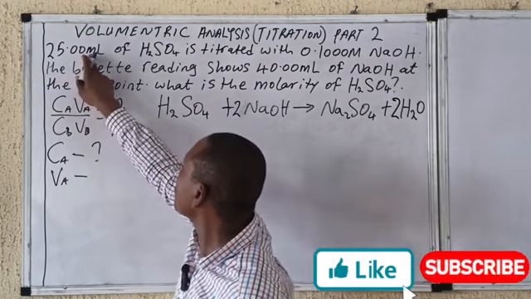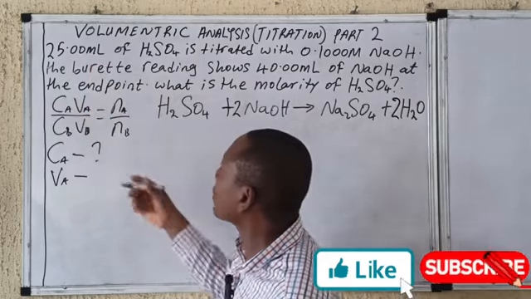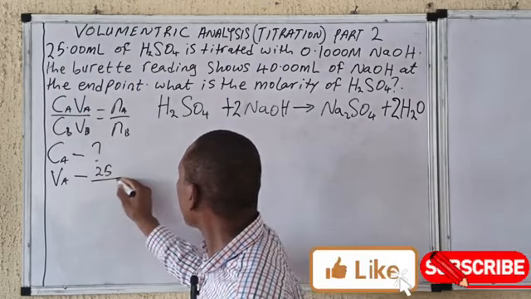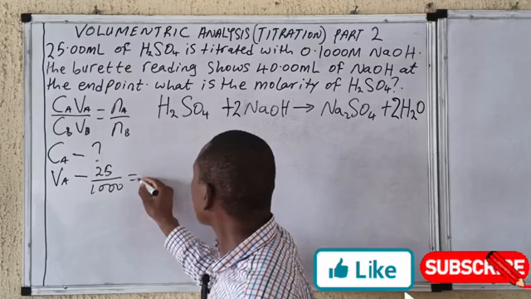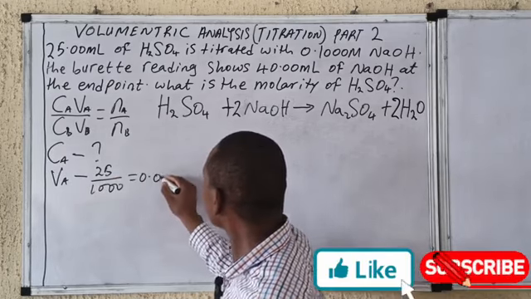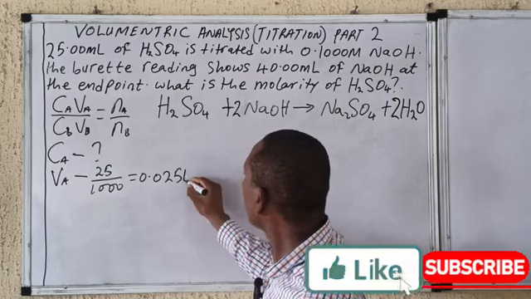Now this is in milliliters, so to change it to liters, I'll divide 25 by 1000. That will give us 0.025.